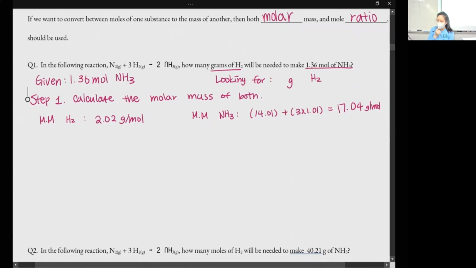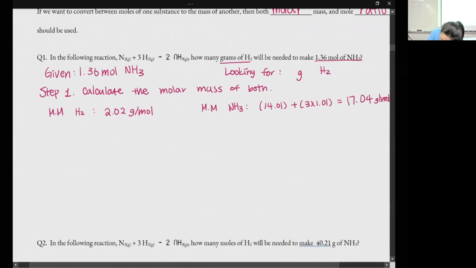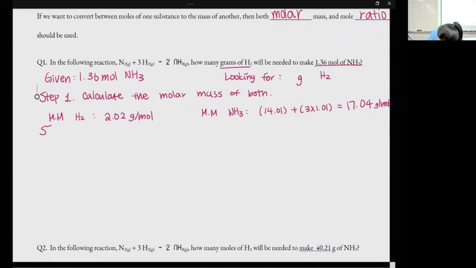All right, and then step 2, write the mole ratio where your given is on the bottom and what you're looking for is on the top.